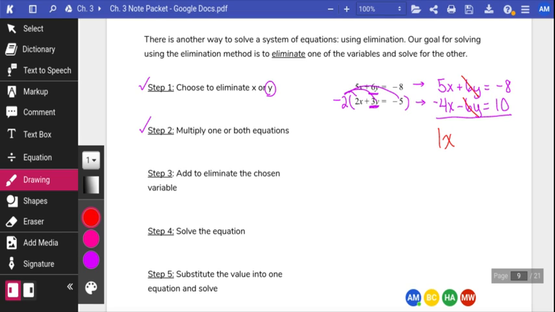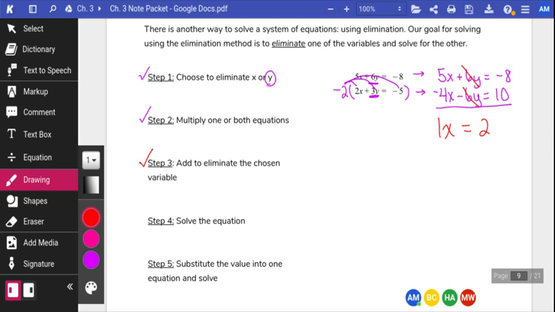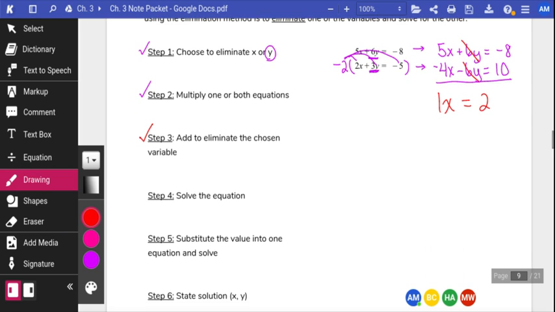And then negative 8 plus 10 is positive 2, but it's equals 2, not plus. So I've just added to eliminate my variable. Now it says to solve the equation. Well, in this case, my equation's already solved, right? x equals 2. So it's solved.